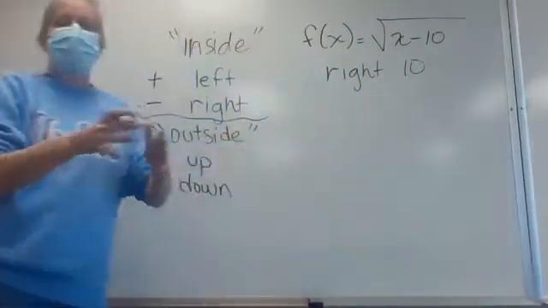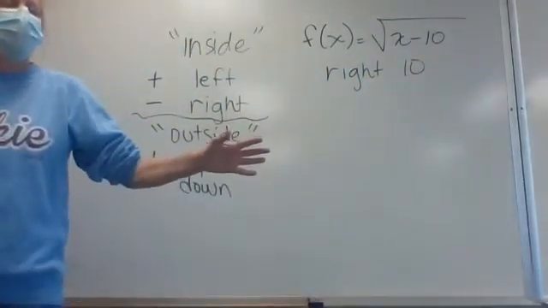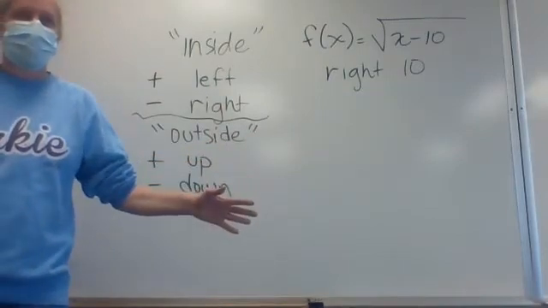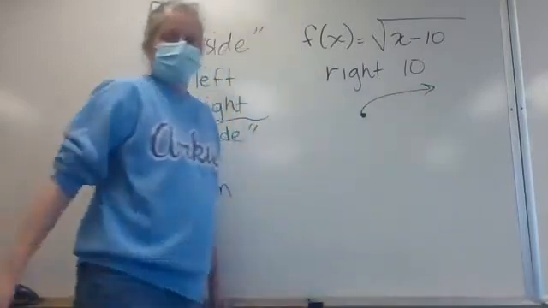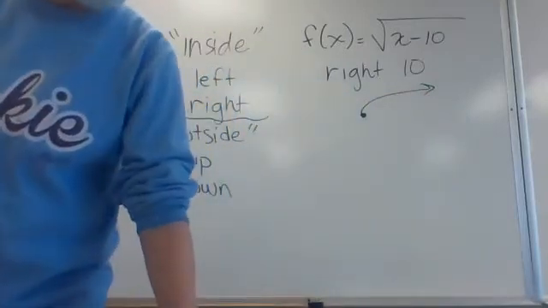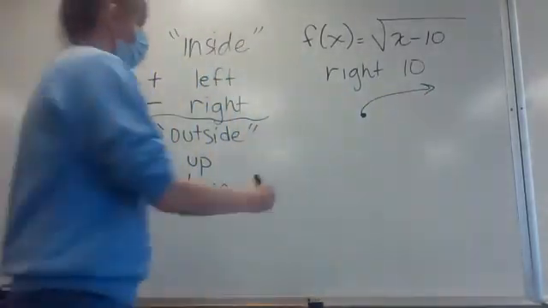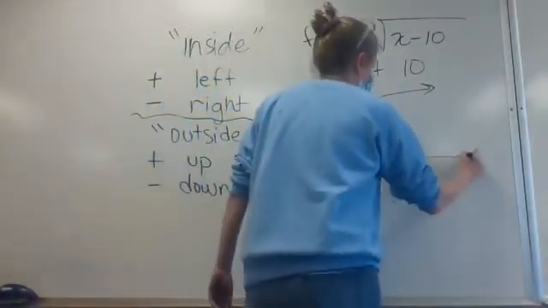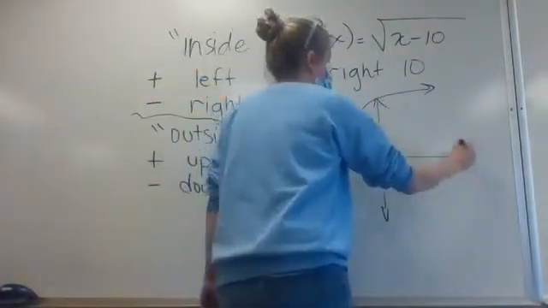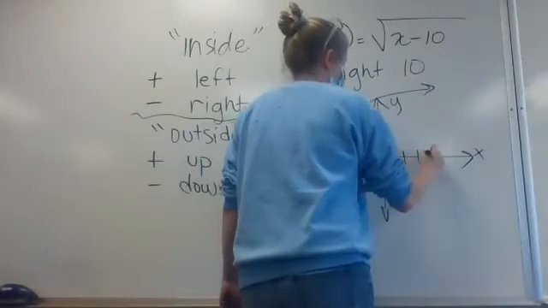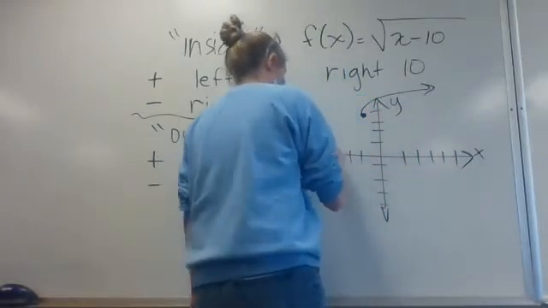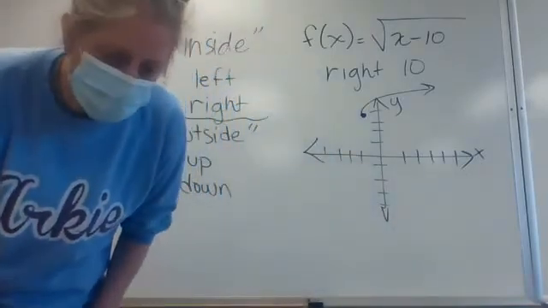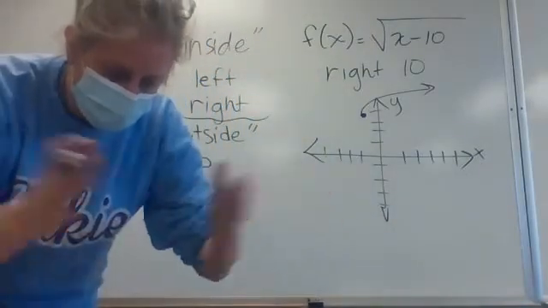Then you're going to have a multiple choice to pick out which graph it is. They're all going to be that shape, the square root shape. They're all going to have the same range.